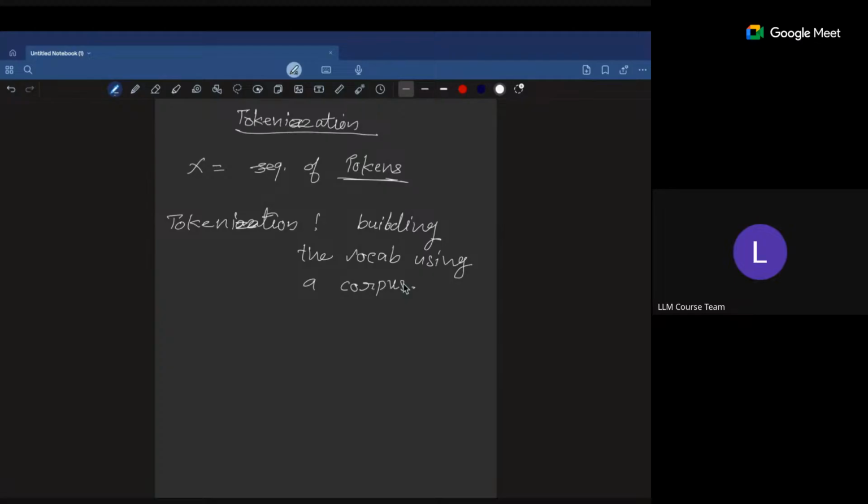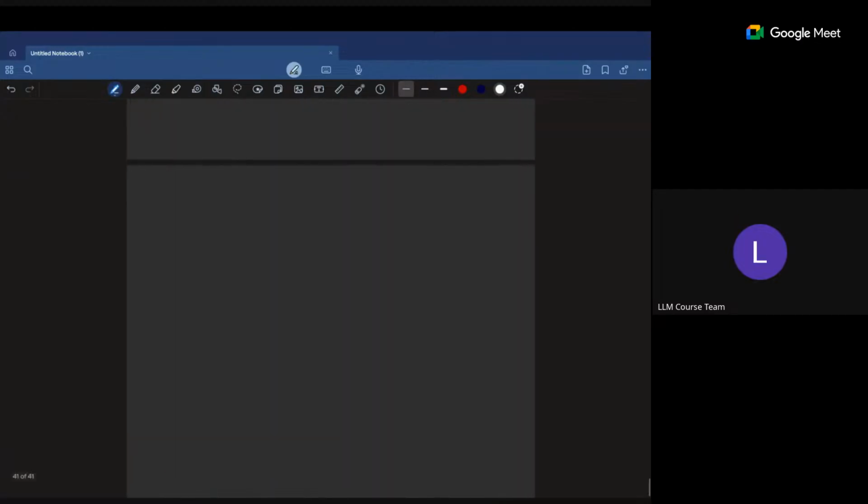So let's say you have a corpus, which you can think of as a set of different documents, and they can have multiple languages as well. But for now, just assume that you have single-language documents. Tokens can be based on characters, or they could be words.